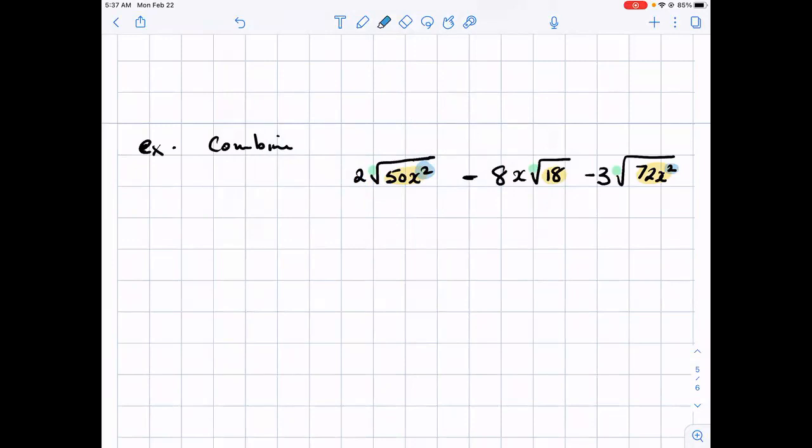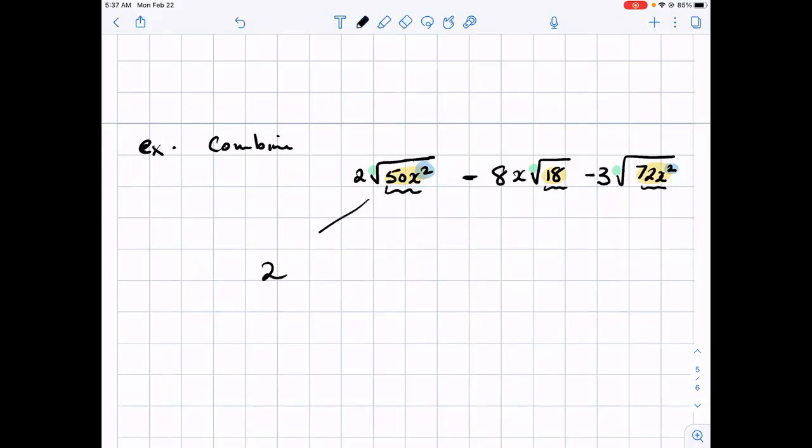Just to do a refresher, right? The index usually has to go evenly into the power. That's what we have seen before. So I could simplify under here and here and even this one here. Those radicands can be simplified. So we have 2 radical 50, and let me write it more over here.